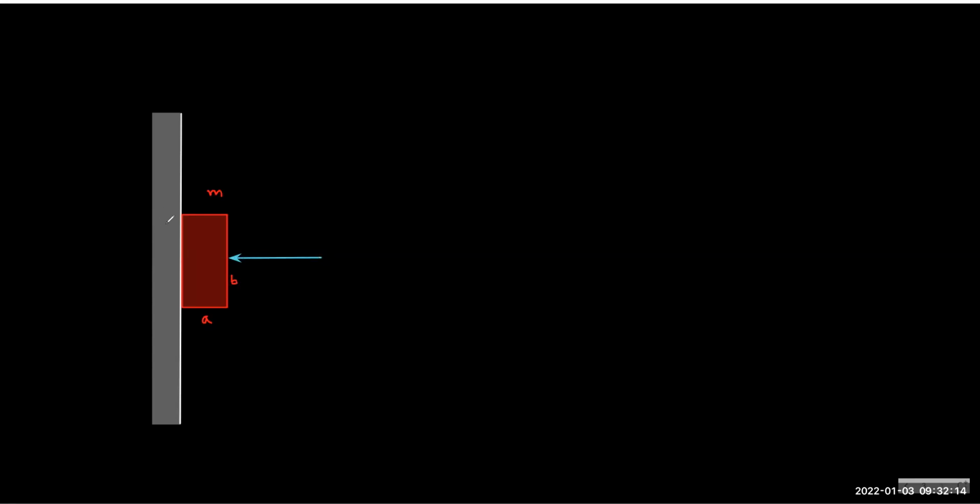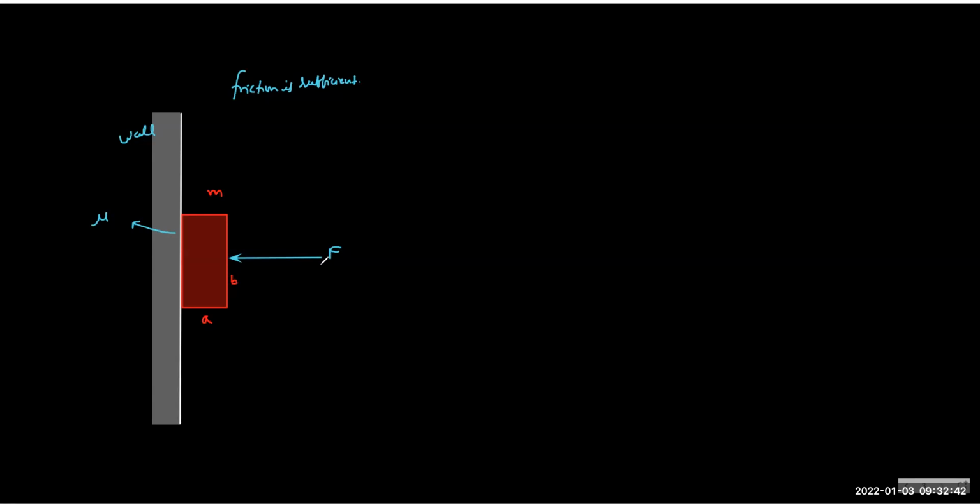And friction is sufficient. This is a rough surface, this is the wall. So friction is sufficient to prevent slipping. This force is acting at the center.